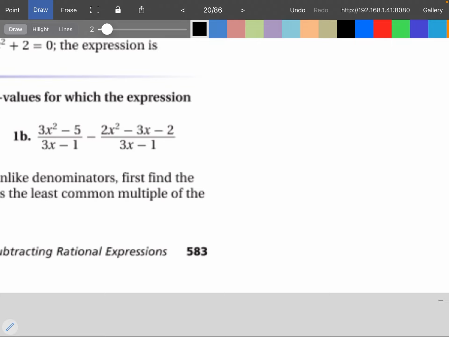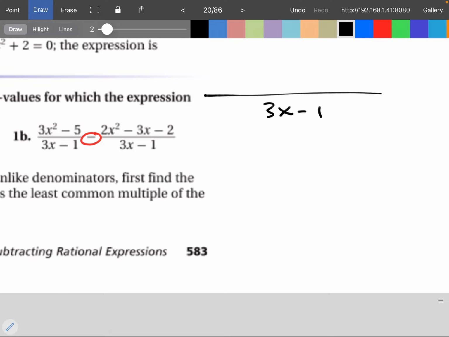Well, when I add the numerators here, do you see that it's actually a subtraction? So you got to be careful on this because that subtraction right there applies to that entire numerator, this thing right here. So if you want to think of it, again, I wouldn't normally show this, but I'll write it out for you guys. So our common denominator here is 3x minus 1. So we'll keep that.